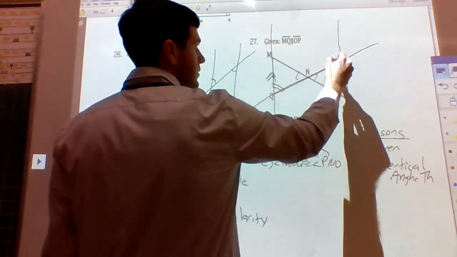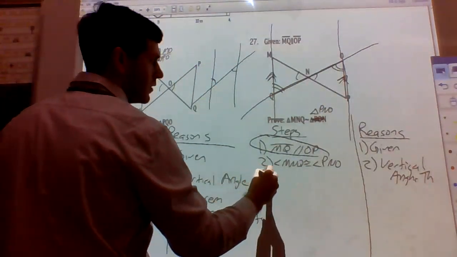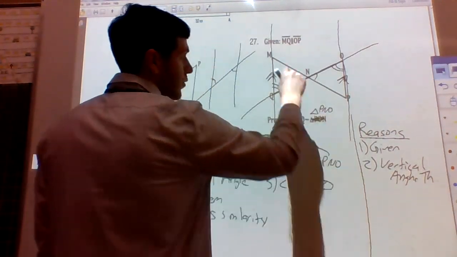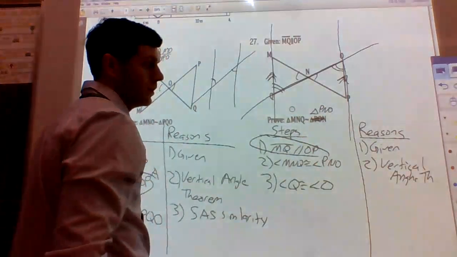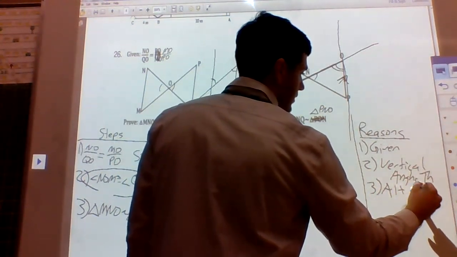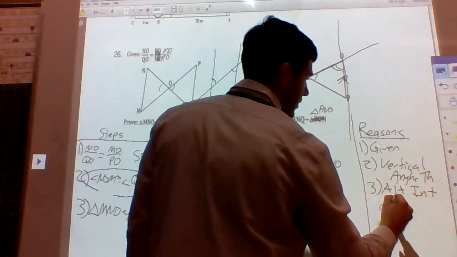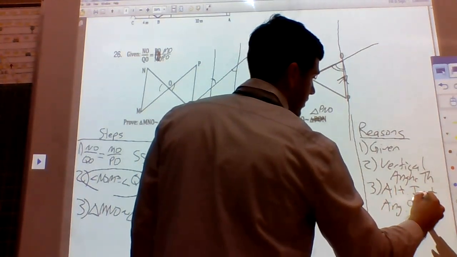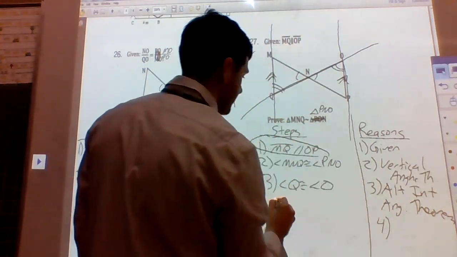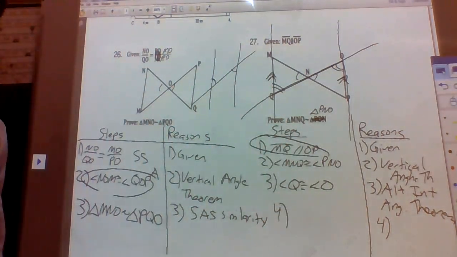So our alternate interior angles are going to be congruent. So angle Q is congruent to angle O, or we could do angle M is congruent to angle P. And the reason there is the alternate interior angle theorem.